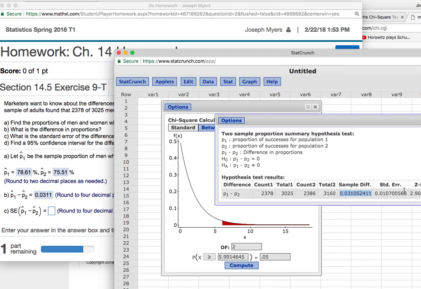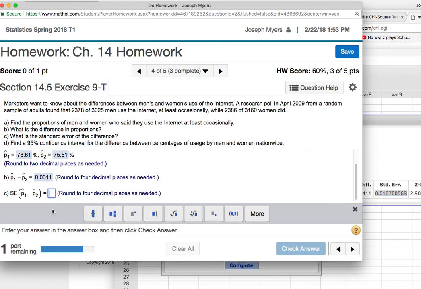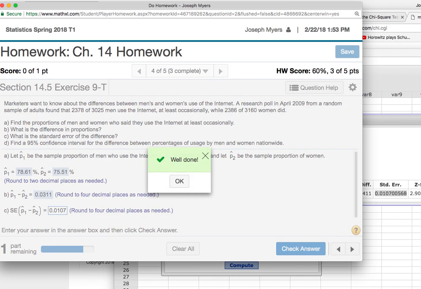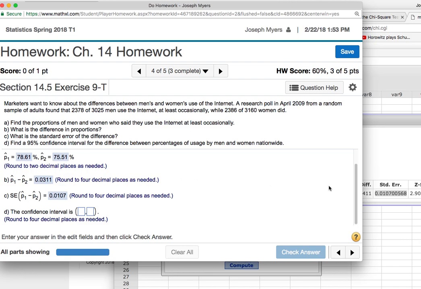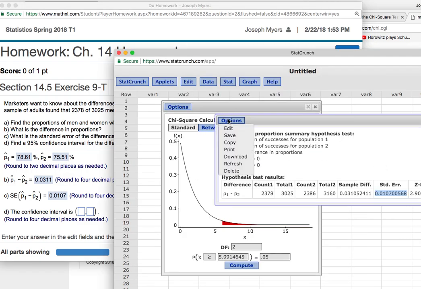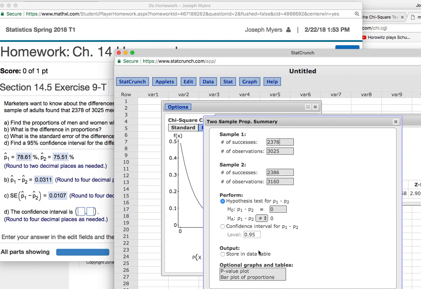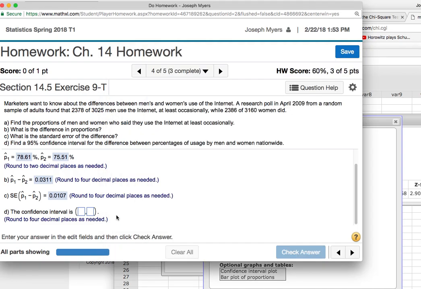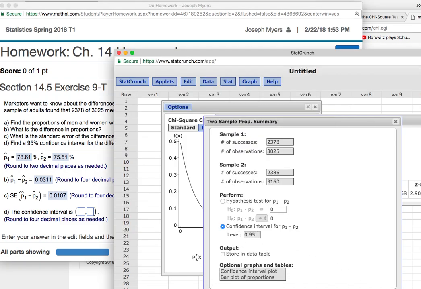And the standard error of that is 0.0107. And confidence interval. So let's change the options, do edit, and go to confidence interval, and they want a 95% confidence interval, but for the difference between men and women.